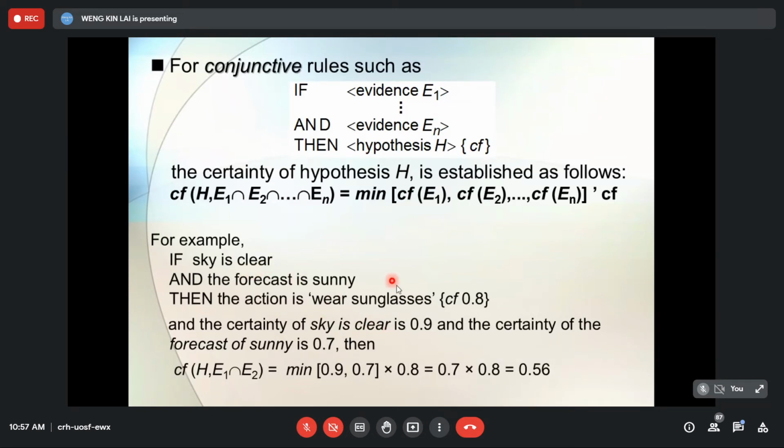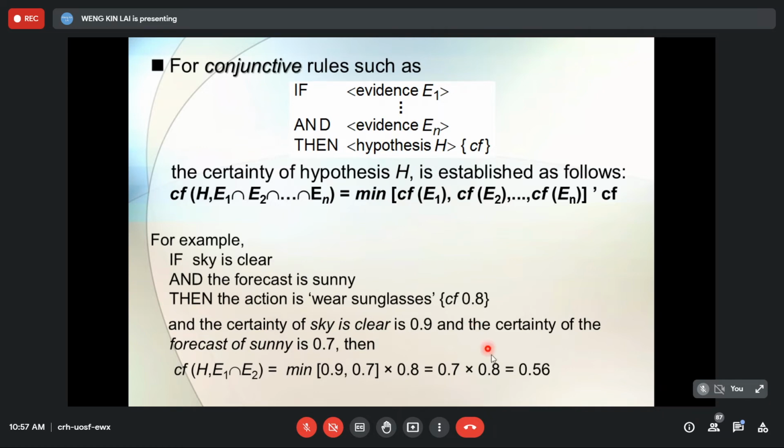This has nothing to do with wearing sunglasses. When we combine all three, you find the actual action, or rather recommendation. Remember, when we started, we talked about 5 different ways we can use the output of this system: recommendation, heuristics, strategy, and a few others.